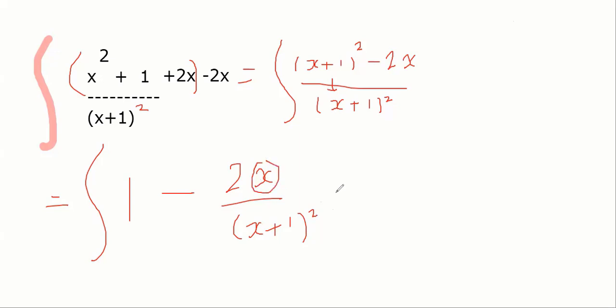This x, again write as the form of x plus 1 minus 1. So, our integration is integration of 1 minus 2 into integration of, instead of x, I am writing x plus 1 minus 1.